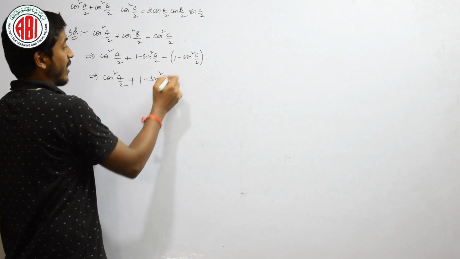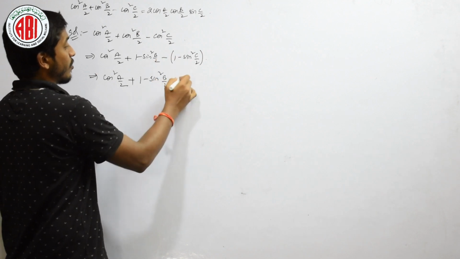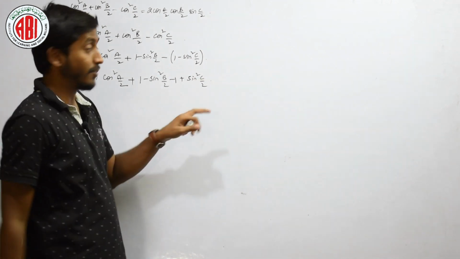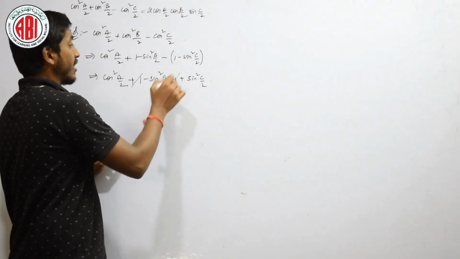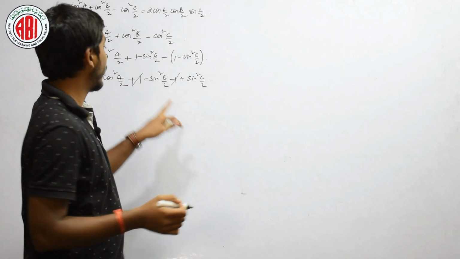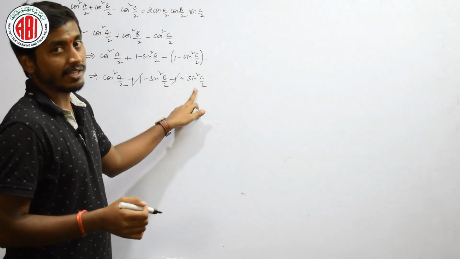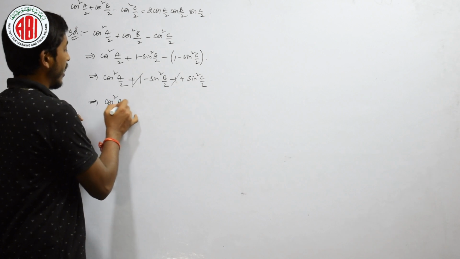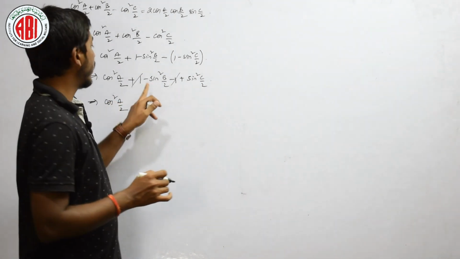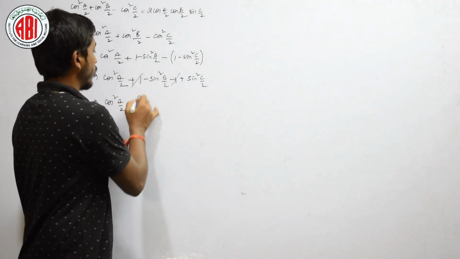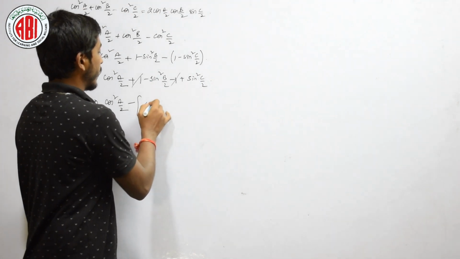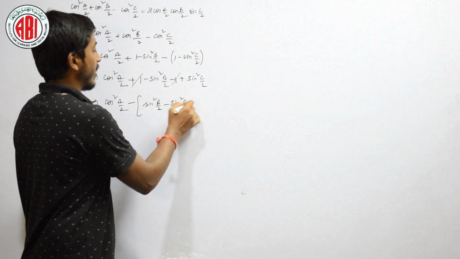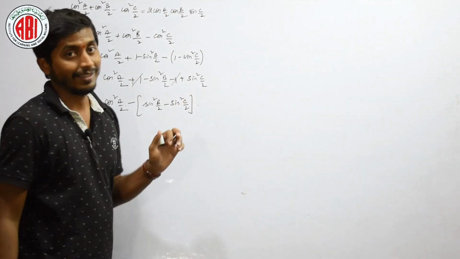Let us multiply this minus inside: minus 1 plus sin square c by 2. If you observe, here 1 and minus 1 are getting cancelled. Now let us take minus common from sin square b by 2 and sin square c by 2, that is cos square a by 2 minus, this will become sin square b by 2 minus sin square c by 2, isn't it?